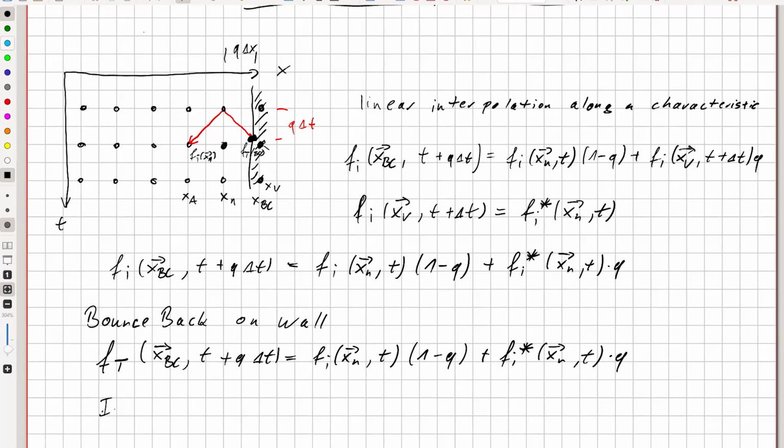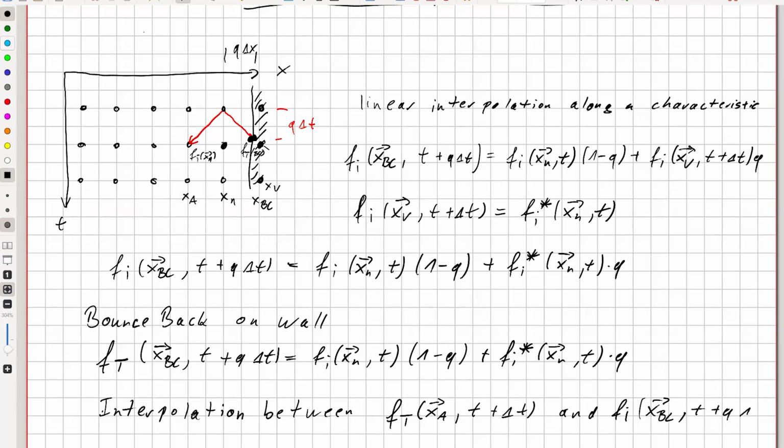So this means we do interpolation between Fi opposite XA at t plus delta t and Fi pre-collision xbc and t plus q delta t.